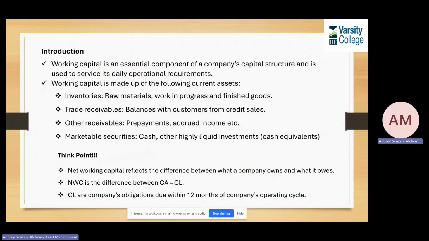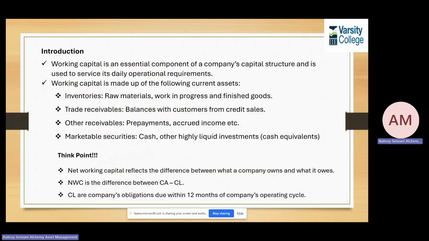Then trade receivables, which I'm sure we knew from first year accounting, all your credit sales, other receivables, okay? So prepaid payments, accrued income, flashbacks of 1B. Then marketable securities, so cash and other highly liquid investments, cash equivalents. I know you guys learned about this last semester, isn't it?